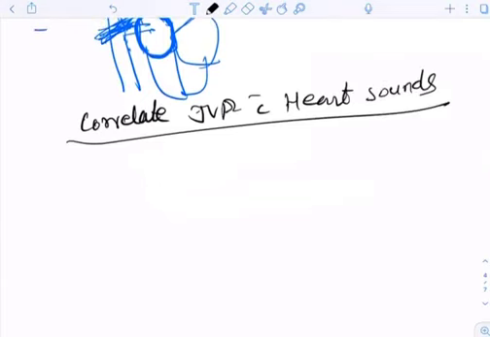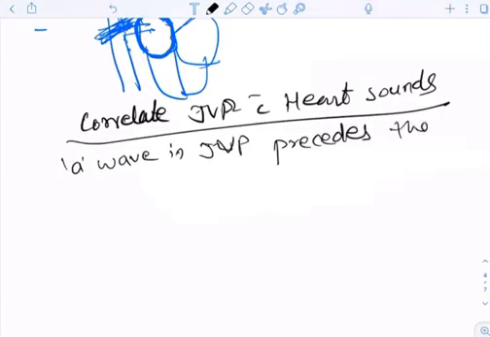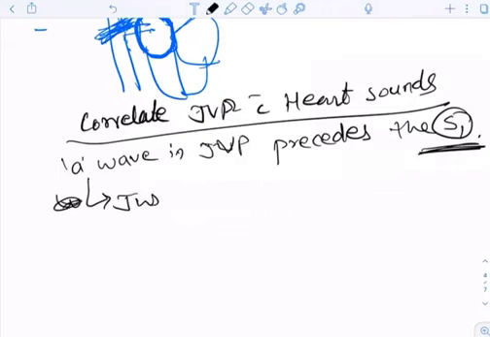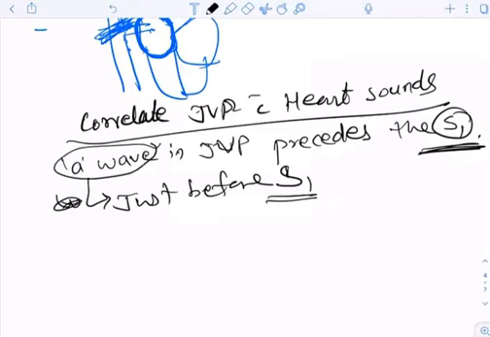the most important thing is, how will you recognize the A wave? The A wave in the JVP precedes S1. So the wave in the JVP occurring just before the first heart sound is the A wave.